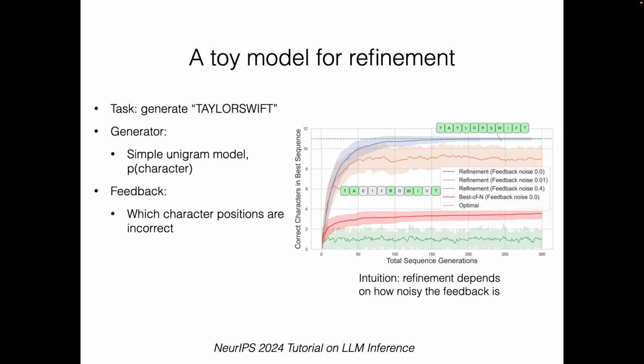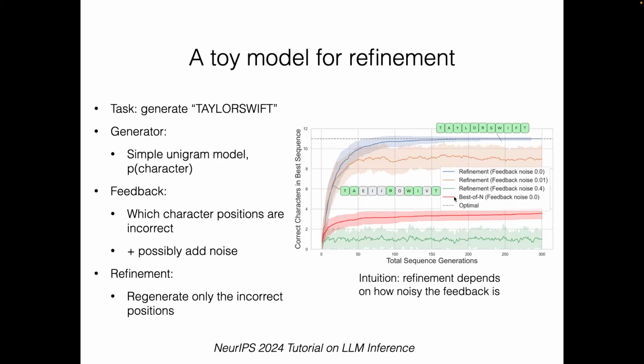Now you could imagine having some feedback, like, what if the model knew exactly which character positions are incorrect? Then, even with this really naive model, maybe eventually the model gets a few characters correct. And then you could try to refine by saying, let's keep the characters that are correct the same and only resample the incorrect characters.